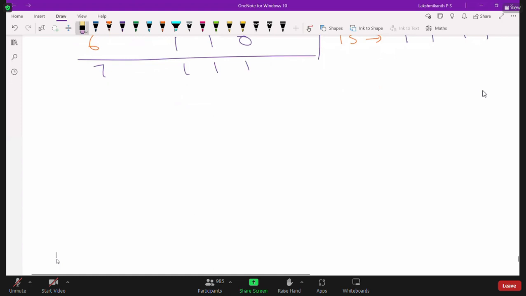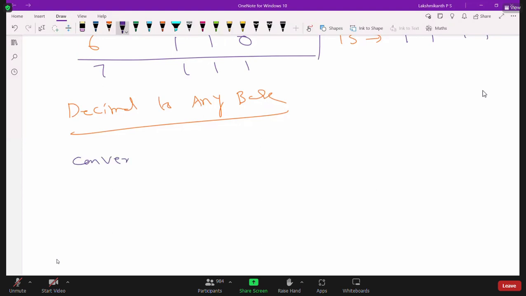So far this is about decimal to binary and binary to decimal. Now let us see decimal to any other base. For example, convert 543 base 10 to the base 5 system.